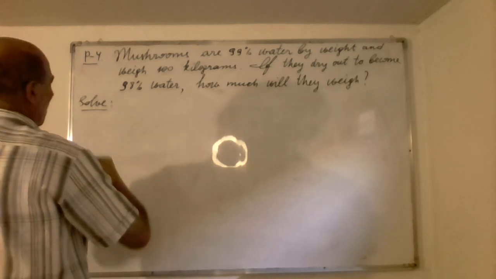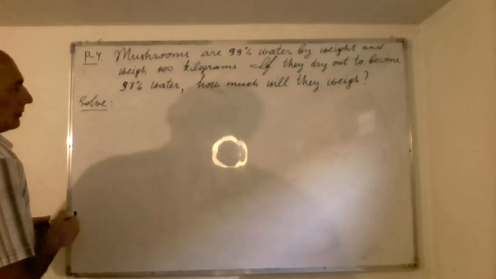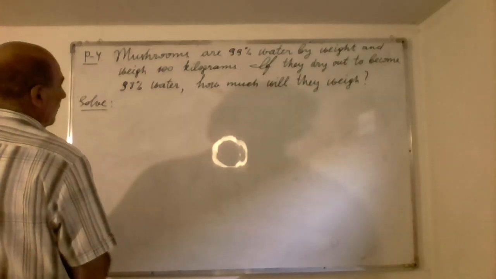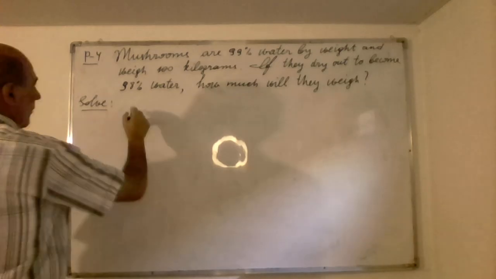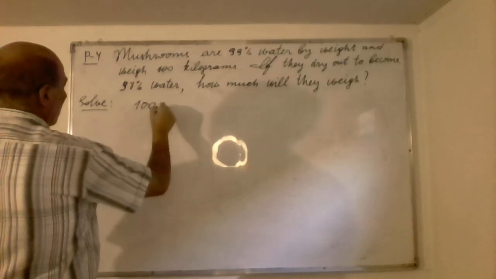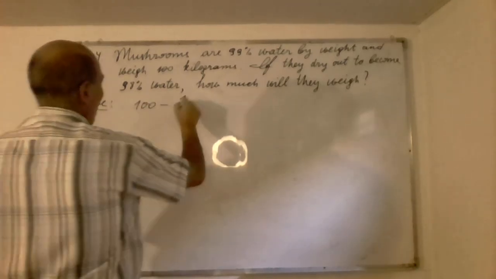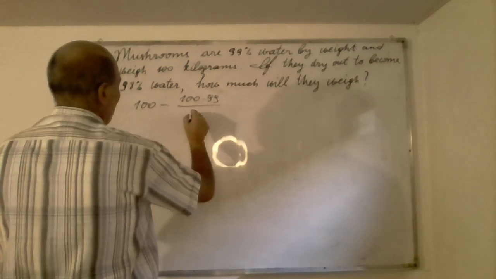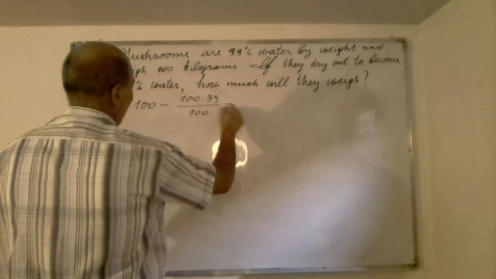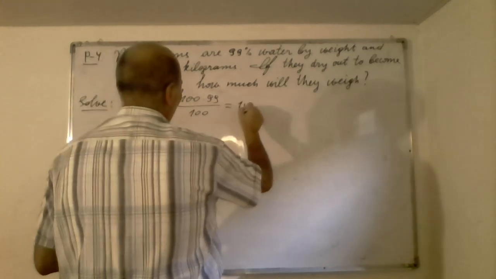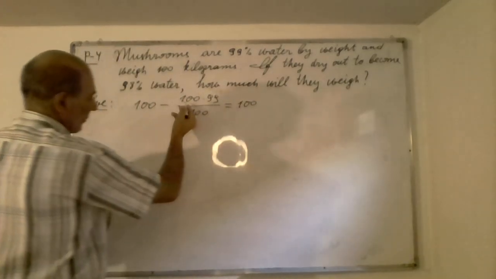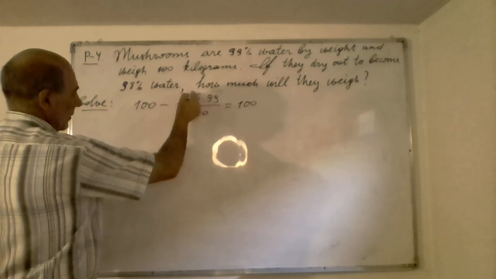Then from the condition of the problem we can write 100 minus 100 times 99 divided by 100. We know that 100 divided by 100 is 1.